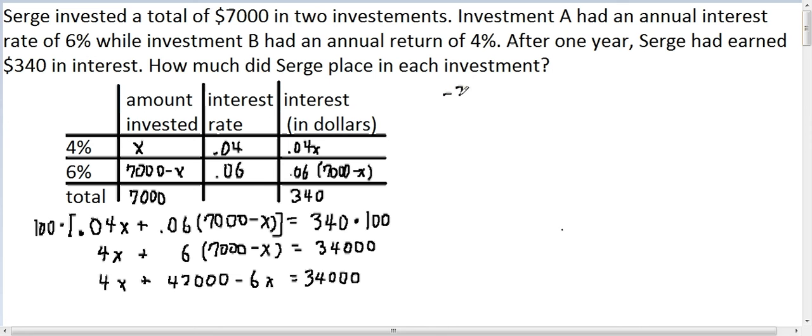So minus 2x plus 42,000 is equal to 34,000. And next, let's subtract 42,000 from both sides of the equation.